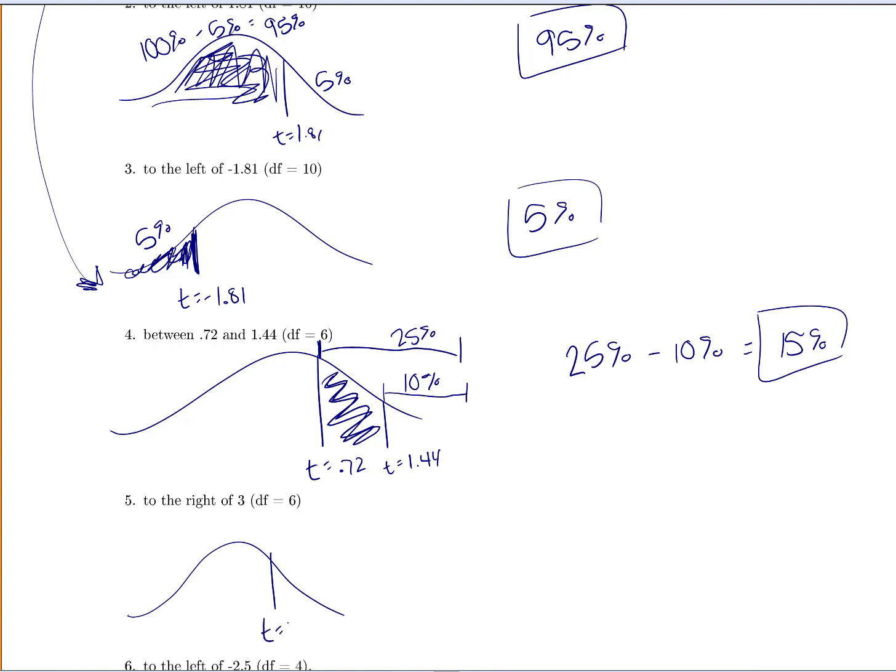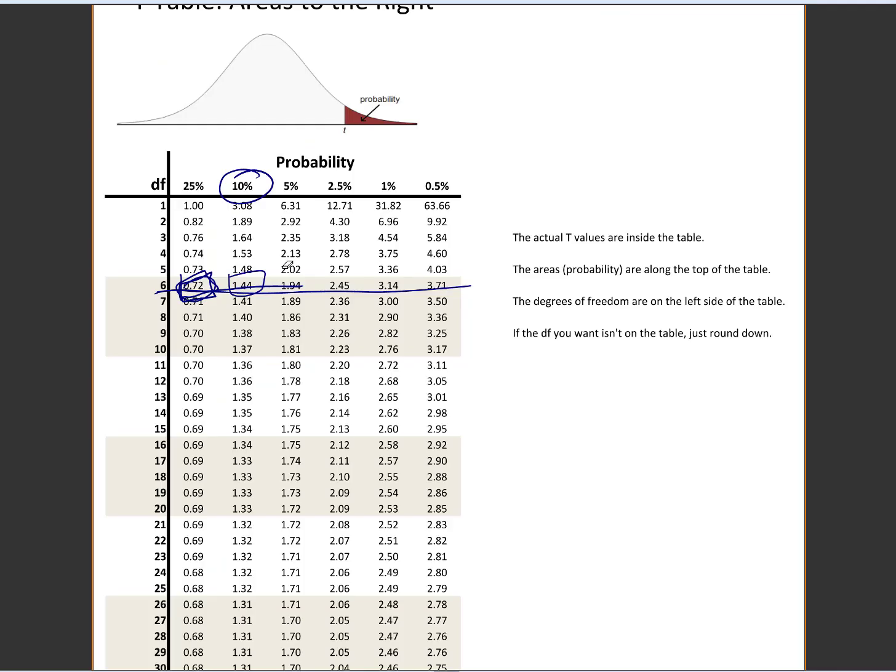Let's try t equals 3 for 6 degrees of freedom. Okay, 6 degrees of freedom, I'm looking for t equals 3. Notice this is 2.45, this is 3.14. 3 is not actually on the table, so it would be about here. So t equals 3 would be right about here, which means that this probability or chance is going to be somewhere between 2.5% and 1%.